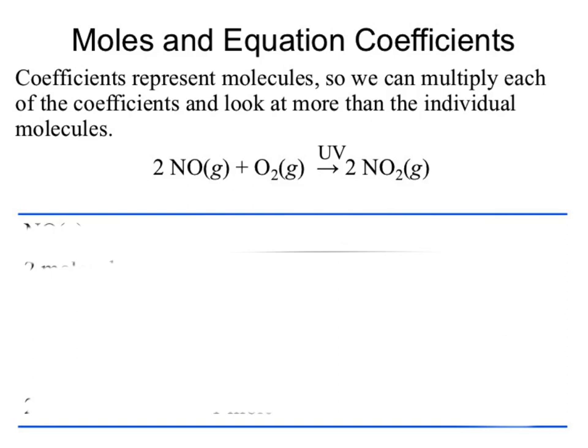Two nitrogen oxides react with one oxygen molecule. It's not dioxygen, it's just oxygen because it's a diatomic molecule. Become two nitrogen dioxide. Okay? 2 of NO.